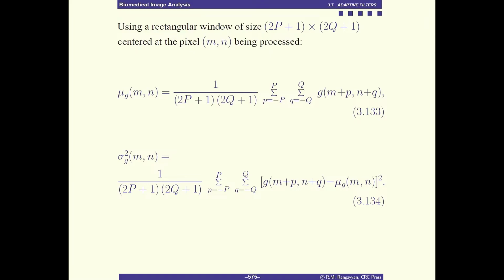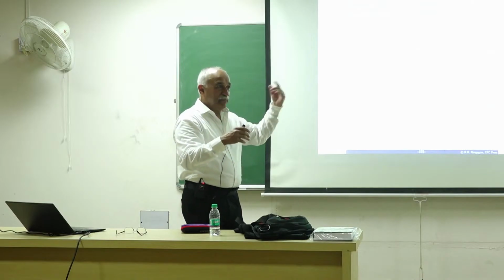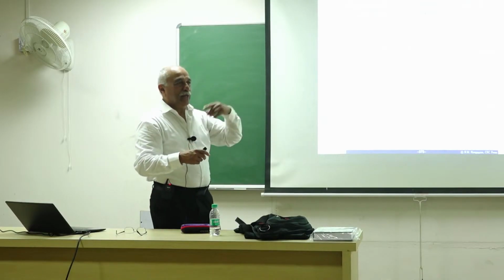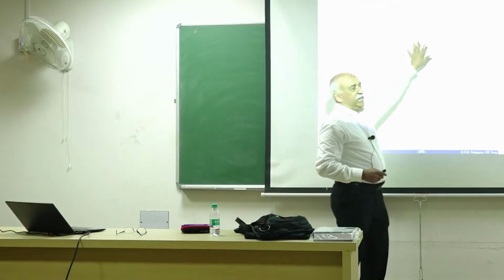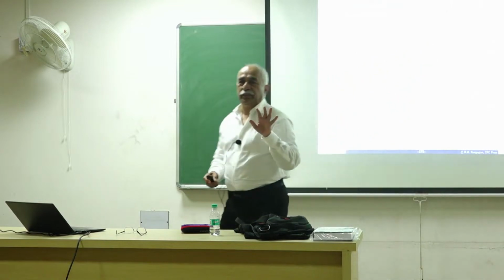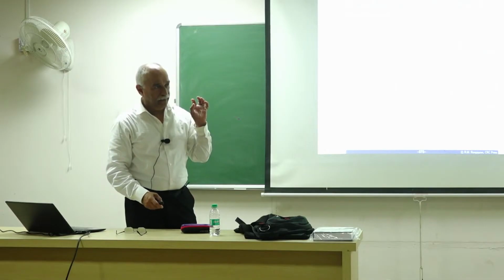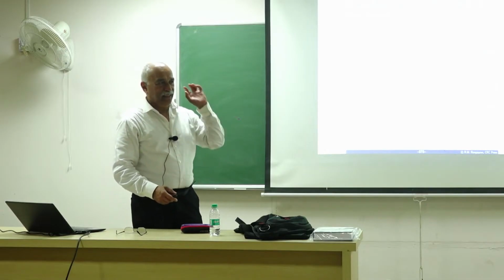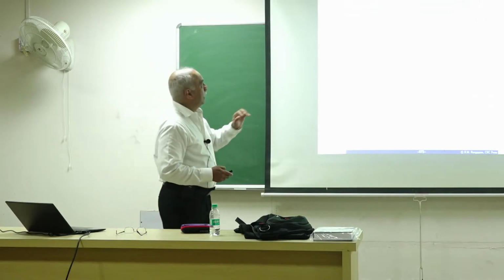It is 2p plus 1 times 2q plus 1, whatever p and q you want. But there is another filter we will see where the size of that rectangle is adjusted. There is an adaptive rectangular window, and we have our own adaptive neighborhood filter. So this can be changed as you wish. But it's a local statistical measure. So it is non-stationary. It is non-linear. It is adaptive. Okay?